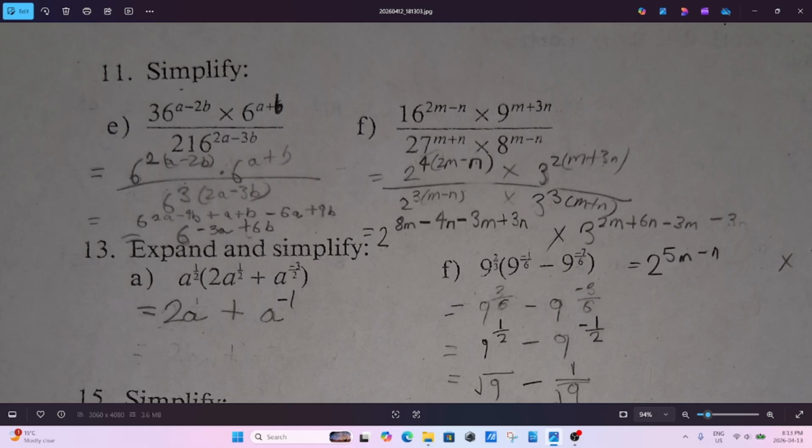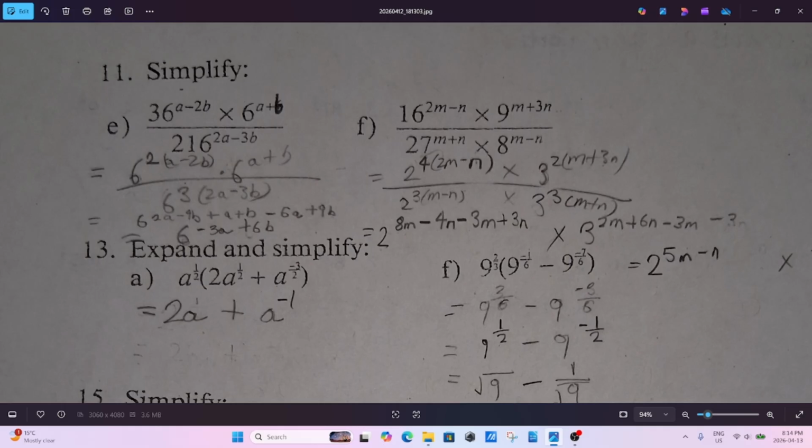So 2 to the exponent 4 times 2n minus n, and then 3 squared to the exponent n plus 3n, and then we have 3 cubed to the exponent n plus n, and then 2 cubed times n minus n.